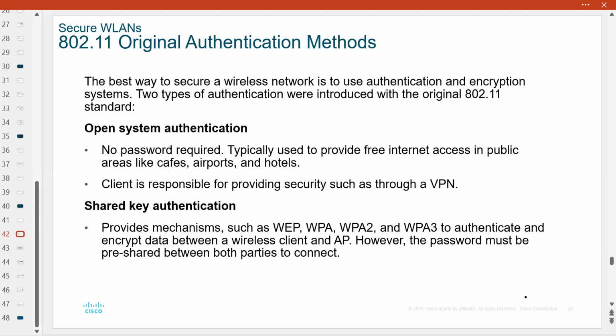Original authentication methods. The best way to secure a network is to use authentication and encryption systems. Two types of authentication were introduced with the original 802.11 standard: open system authentication and shared key authentication. All right.